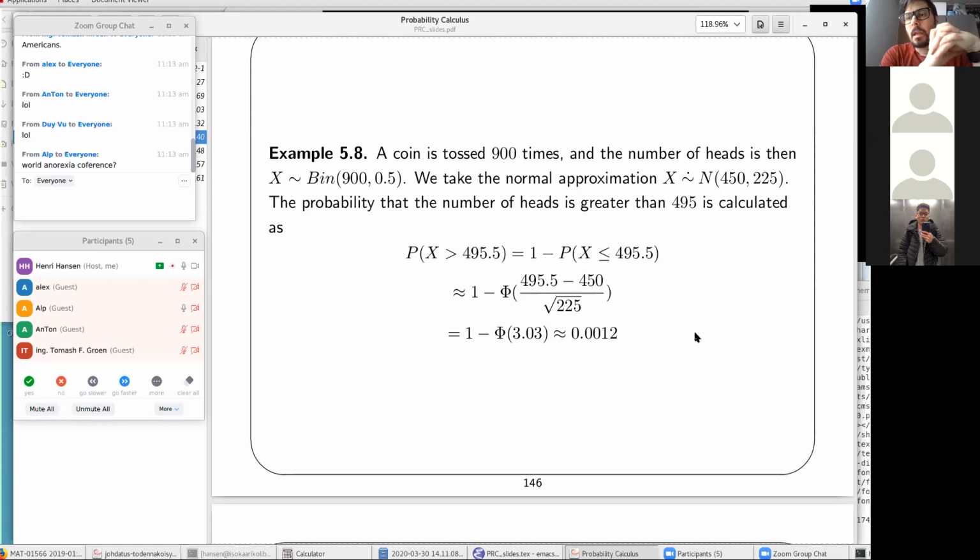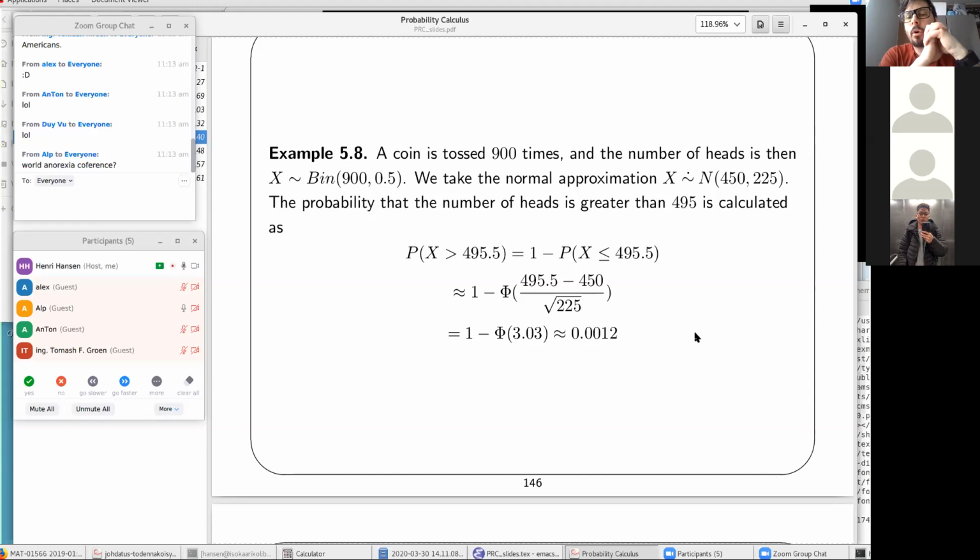So it's not very likely that you get very many heads more than that. So you notice that in this case, most of the head count will be within a 10% range of the expected value, right?